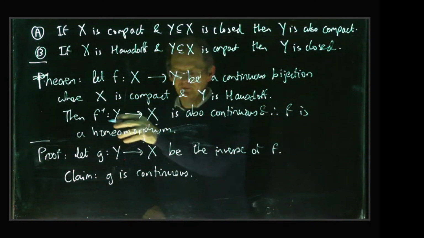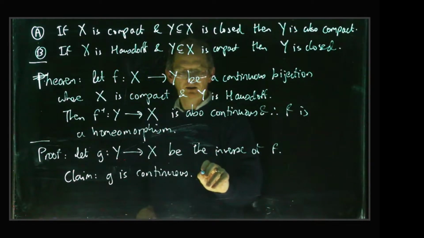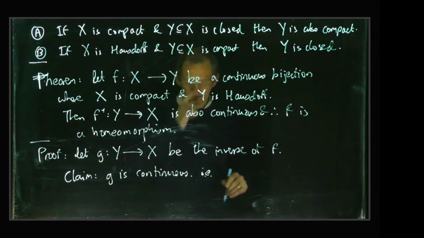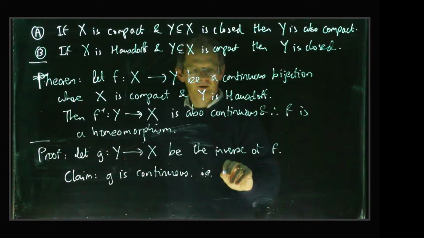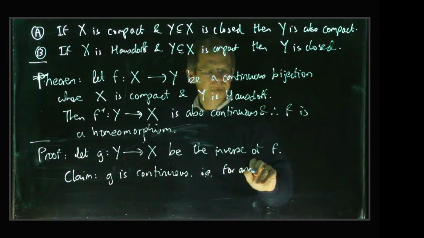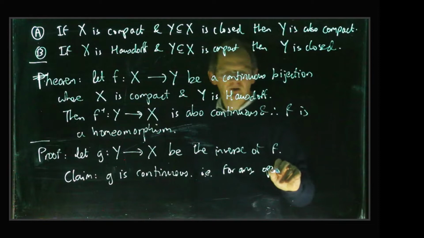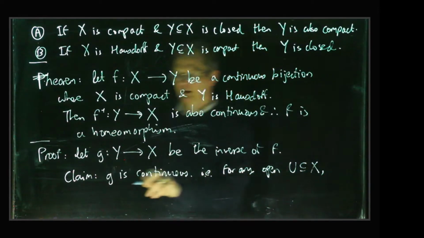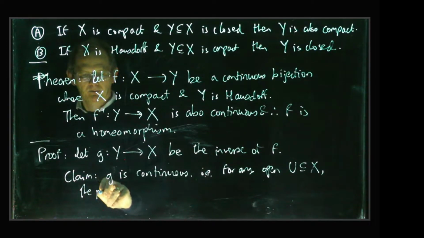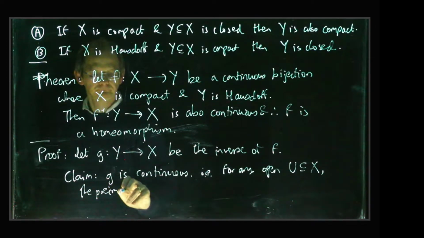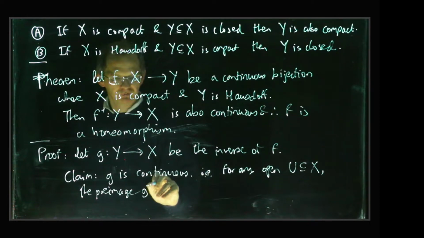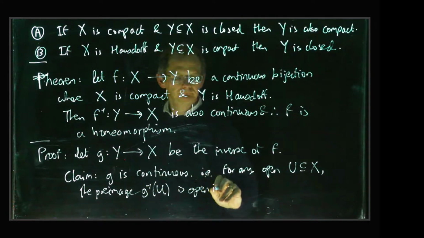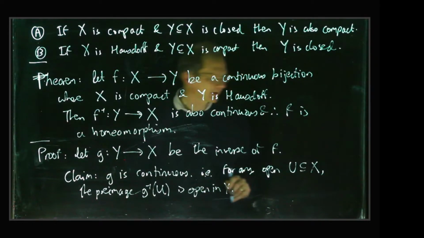That's the key thing we're supposed to be proving. So what does that mean? It says that for any open U in X, the preimage g inverse U is open in Y. Okay, so that's kind of the definition.